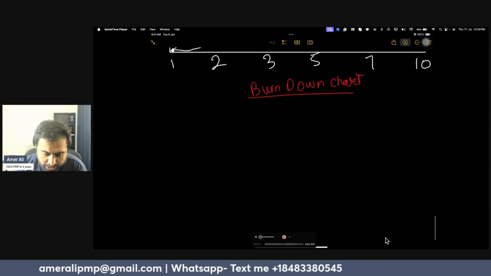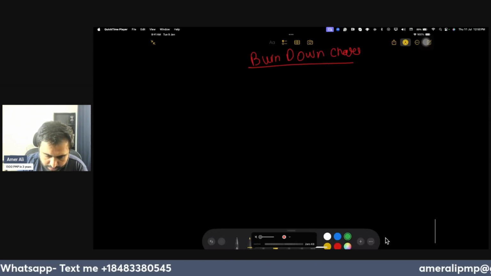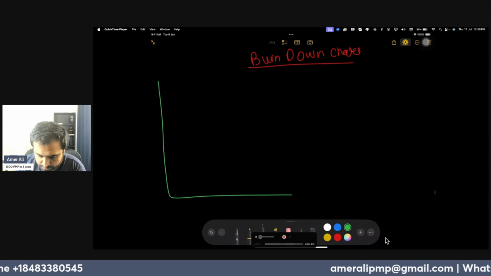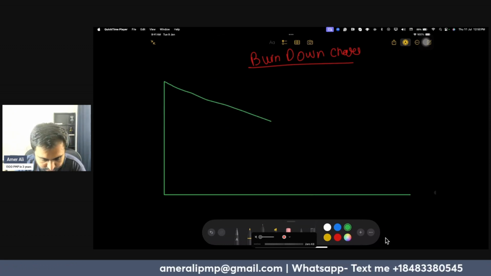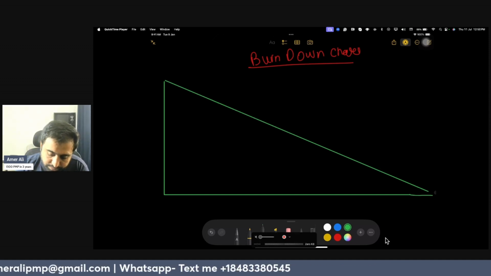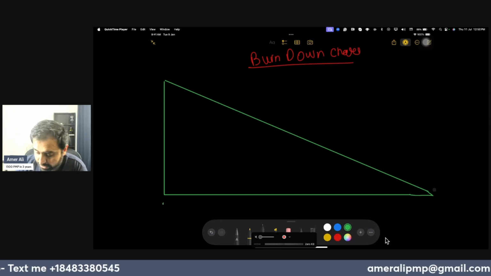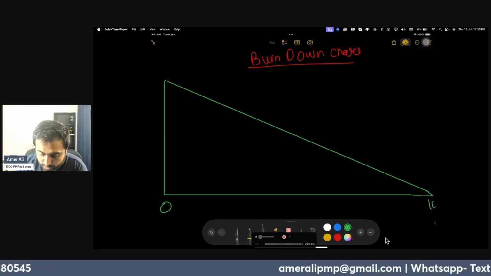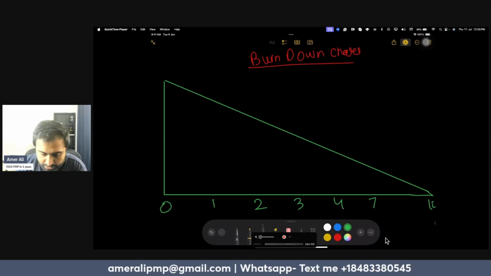Burn down chart shows basically how much work is remaining. So 0 days, 10 days, 1, 2, 3, 4, 5, 7, 9.